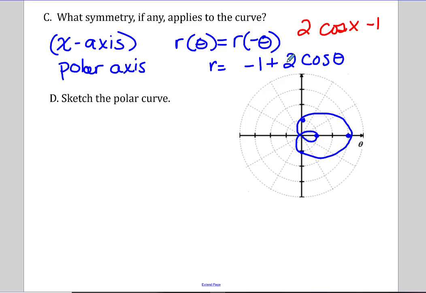Negative 1 minus 2 and negative 1 plus 2 told us those key points, and the 1 up and down told us which way to go. Okay?